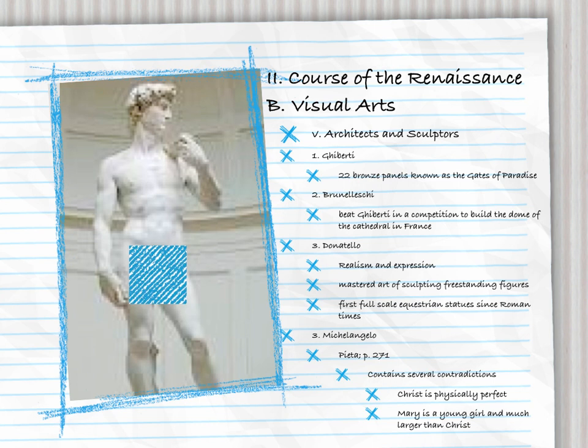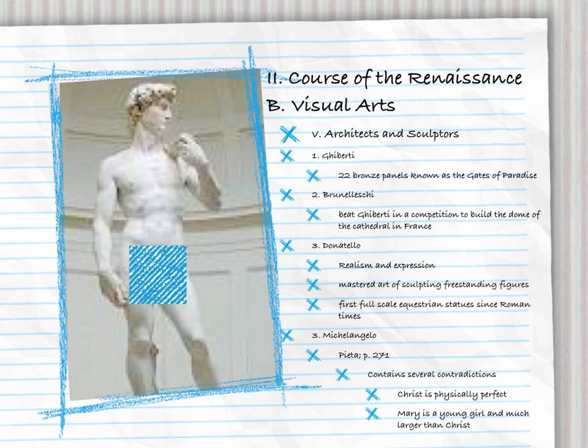And then finally, Brunelleschi will beat Ghiberti in a competition to build the dome of the cathedral in, that should not say France, it should say Florence. I don't know. I think that was spell check or something. Sorry, guys. And if you see the earlier slides, there's a picture of that dome in Florence that Brunelleschi is responsible for.